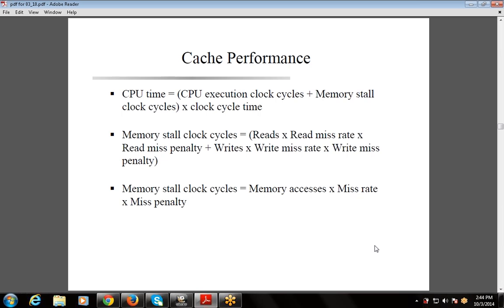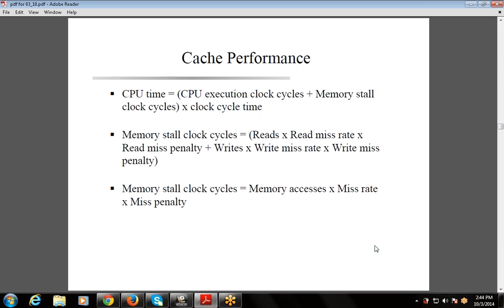Then cache performance, that is, how the cache affects program performance. First, CPU time equals the CPU execution clock cycles plus the memory stall clock cycles.